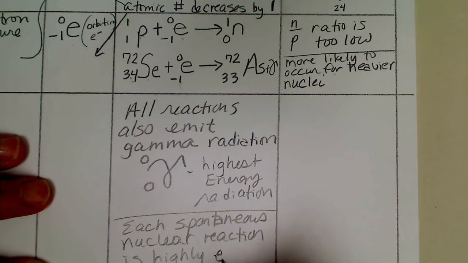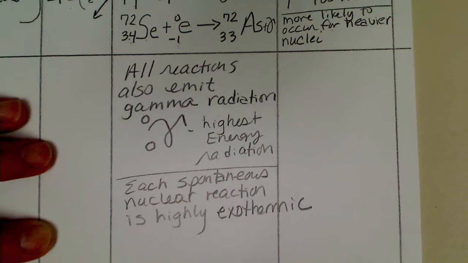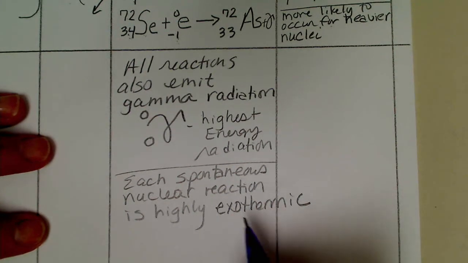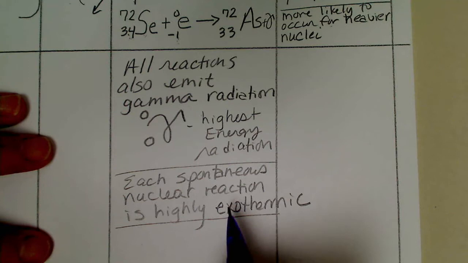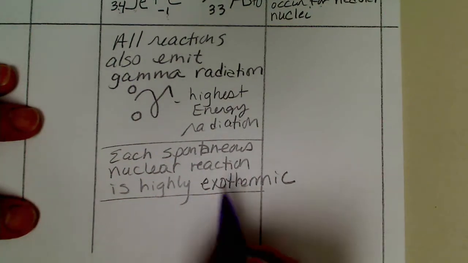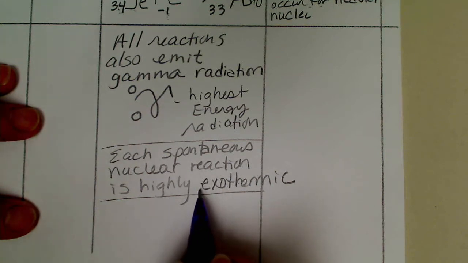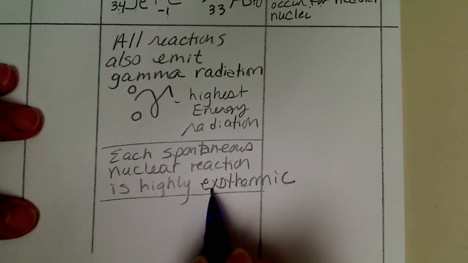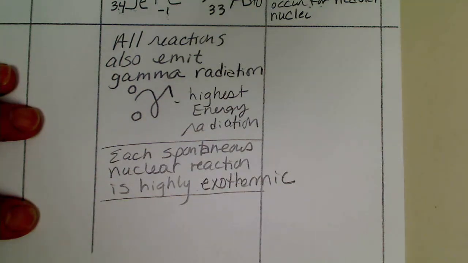So that means it gives off a lot of heat energy. So highly exothermic, and the reaction is the system. We are the surroundings. So the energy that's given off by the equation, the system, is going to go into the surroundings. So if we're around, we would absorb that energy given off, which makes nuclear energy very dangerous for our biological molecules in the body.